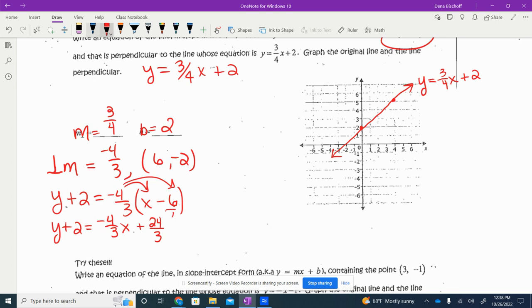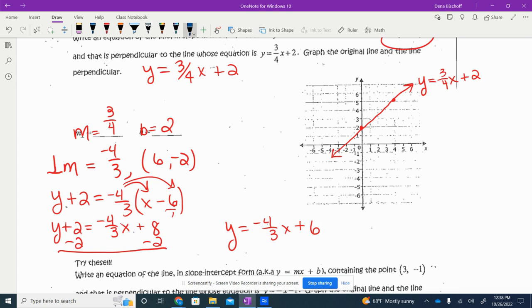It equals 8. So can I just turn this into a plus 8? Are we almost done? Yes. What do I need to do next? -2. So when I do that, I have y equals -4/3x, and 8 minus 2 is a positive 6.